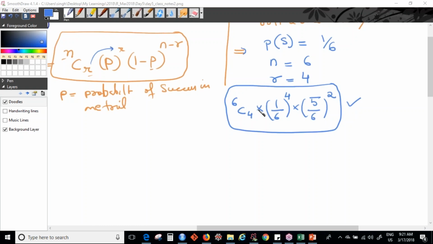Pankaj is asking, how do you calculate 6C4? The way to calculate nCr is you write n factorial divided by r factorial divided by (n minus r) factorial.